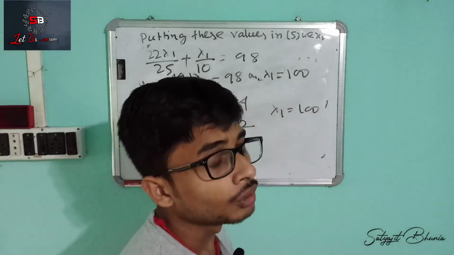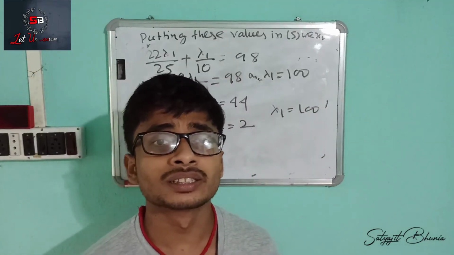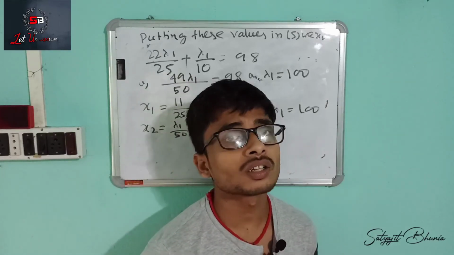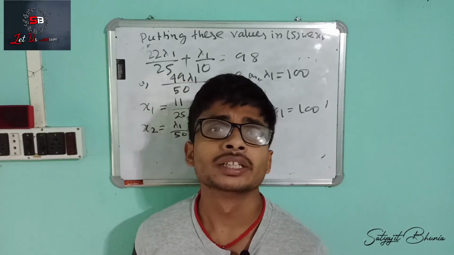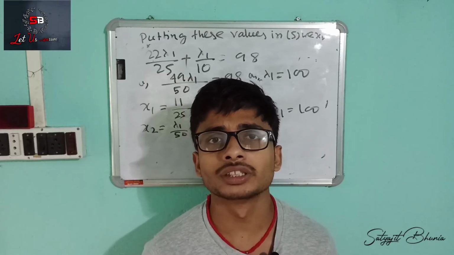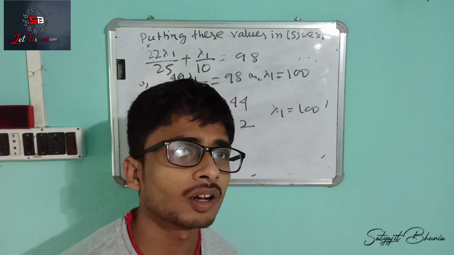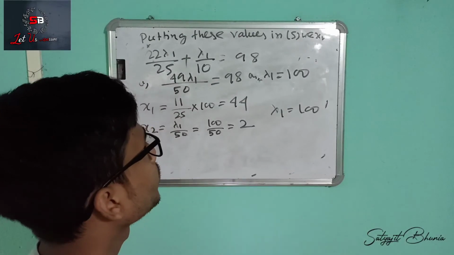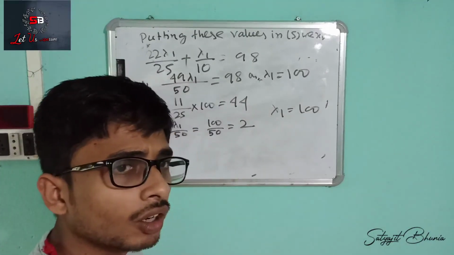So now we will check whether this satisfies all the Kuhn Tucker conditions or not. First two are automatically satisfied. Now we will check whether the third condition is satisfied or not, that is 2x1 plus 5x2 less or equal to 98 or not.